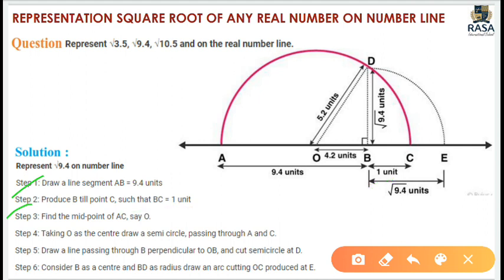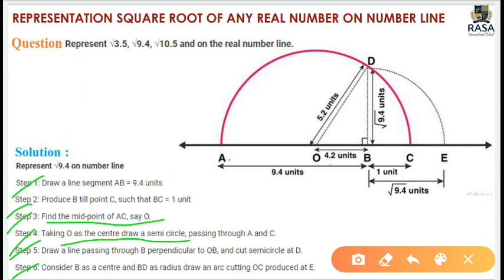After that, we find the midpoint of line segment AC, say O, and taking O as center, in the next step we draw a semicircle whose radius is equal to OA or OC. Then we draw a line perpendicular to OB, passing through B, which cuts the semicircle at point D. Now in the next step, consider B as center and BD as radius.